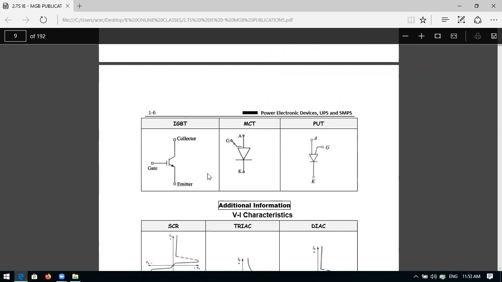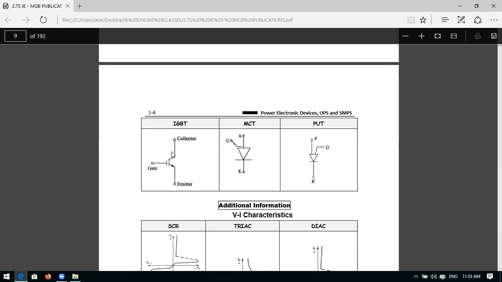Next, IGBT, insulated gate bipolar junction transistor. It is important. So what is IGBT? You can see here it is a combination of MOSFET as well as BJT. It has collector, emitter and gate, not base. The base is for a BJT, the gate is for your MOSFET. That is the reason a capacitor is present, from the MOS side, and this is the BJT.